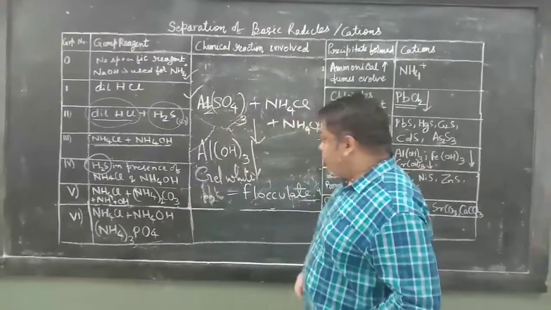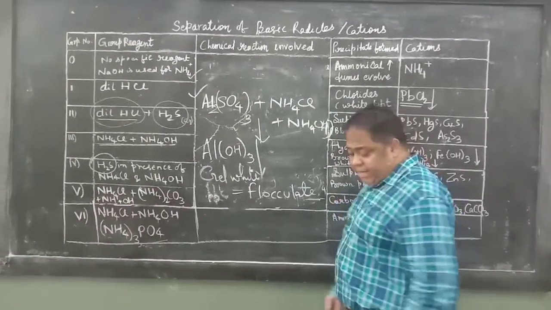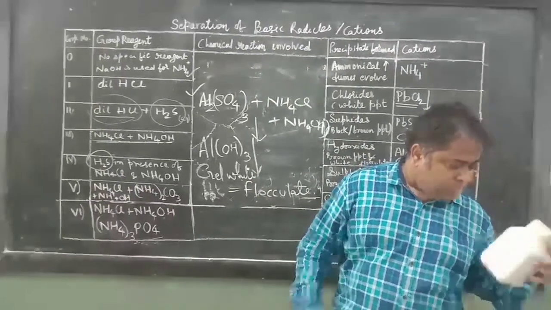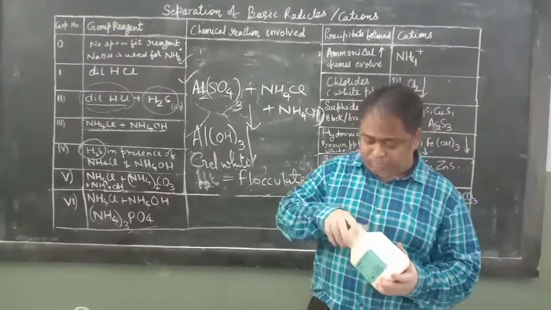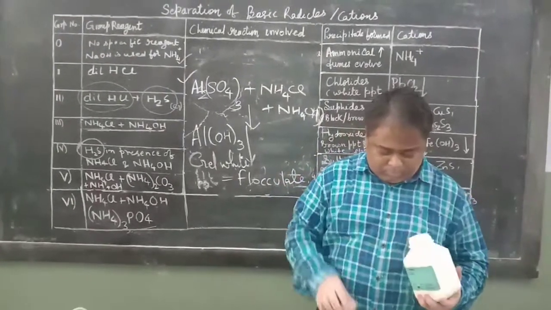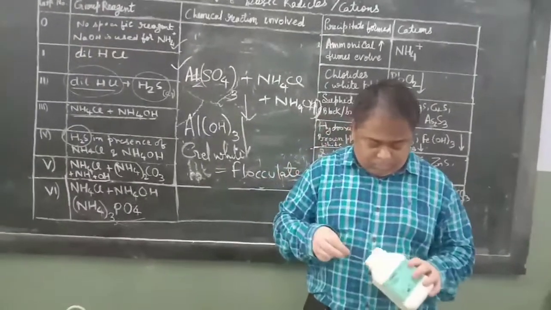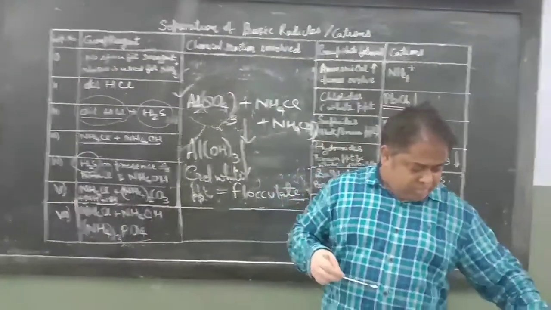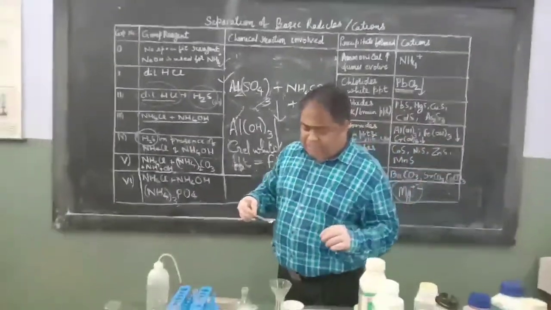Next is the test of group 5 cations, barium, calcium and strontium. This is a calcium salt. Calcium, barium and strontium will give the same property. In the confirmatory test there will be a difference.